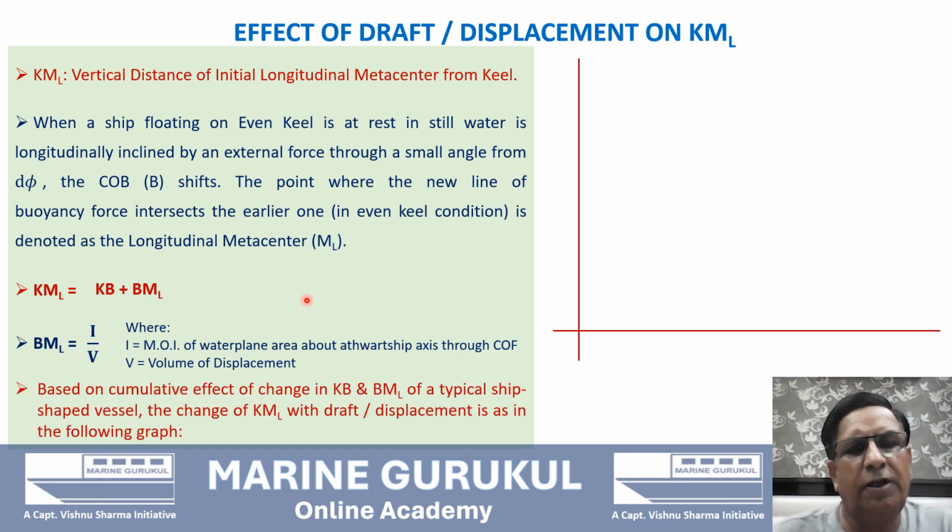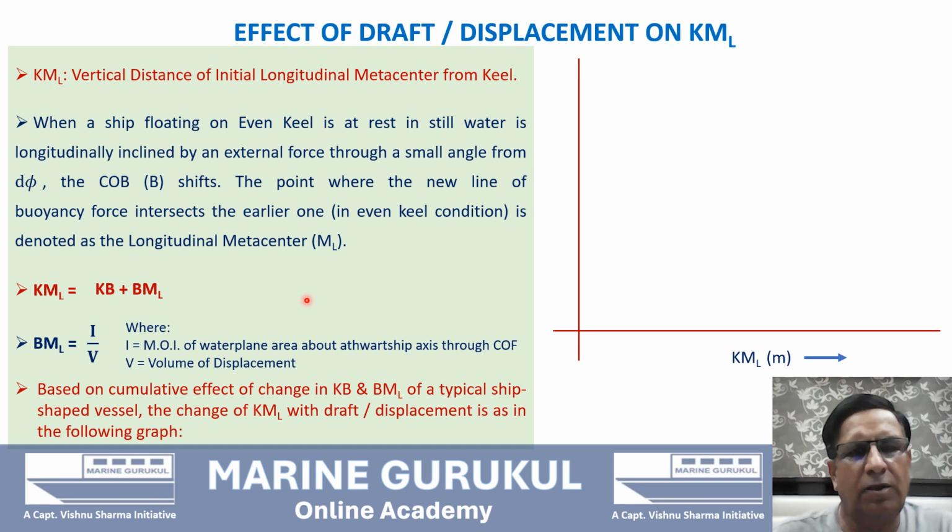Based on the cumulative effect in the change of KB and BML of a typical ship-shaped vessel, the change of KML with draft or displacement can be shown as per the following graph, which of course is for MV Hinge ship, but will be applicable to any normal ship-shaped vessel.